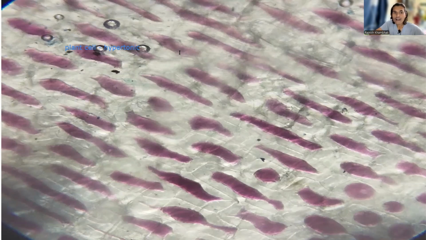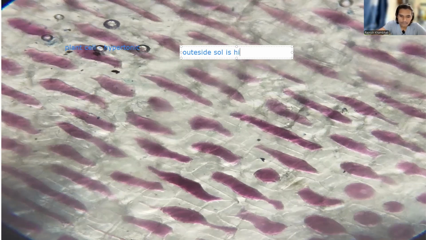Now, clear the idea of hypertonic solution. Hypertonic means the outside solution is higher concentrated. That means water is low, outside water is low.